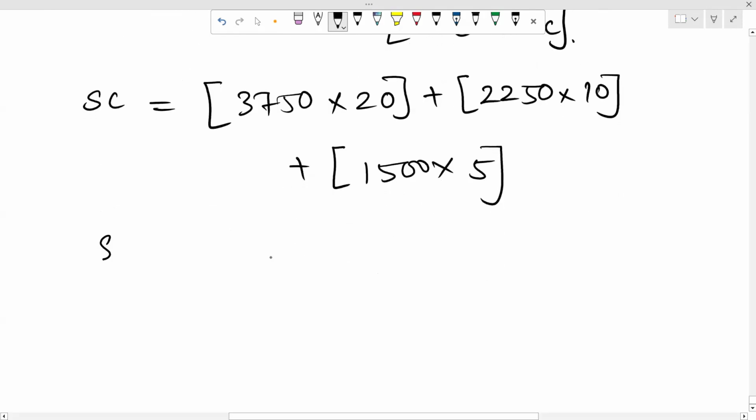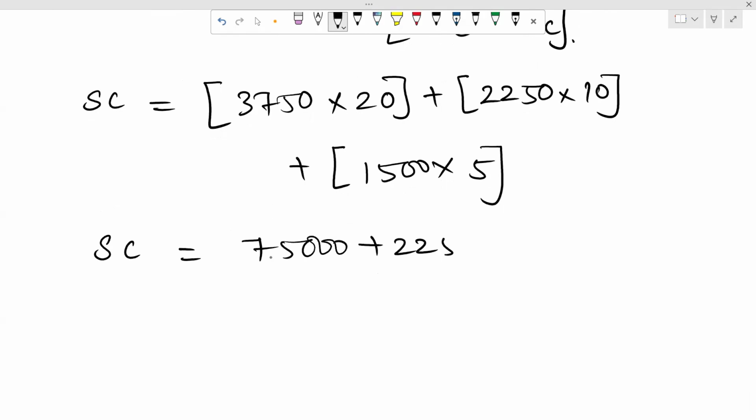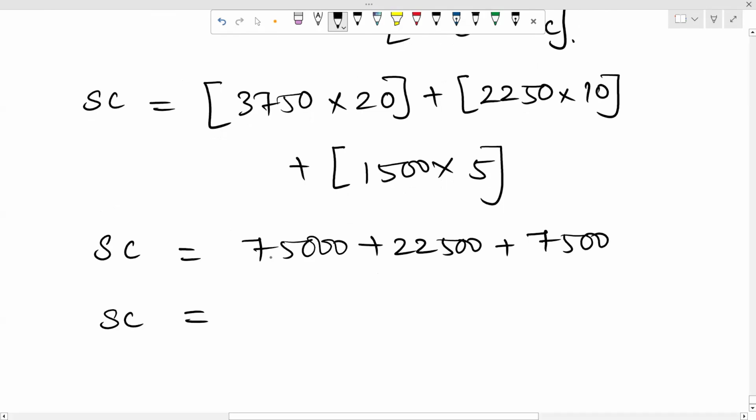So now when we calculate the total standard cost, we get 3,750 into 20, it is 75,000, plus 2,250 into 10, we get 22,500, plus 1,500 into 5, we get 7,500. So total standard cost, when we add all these numbers, we get 1,05,000.